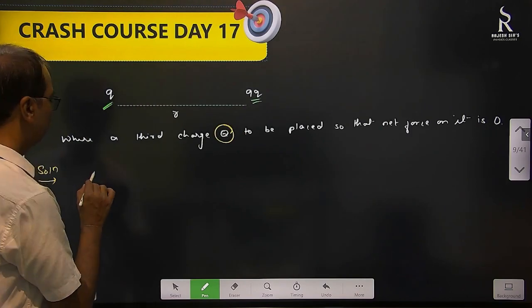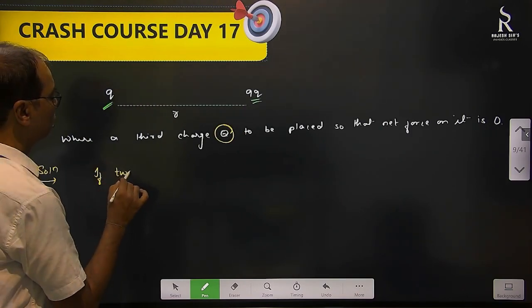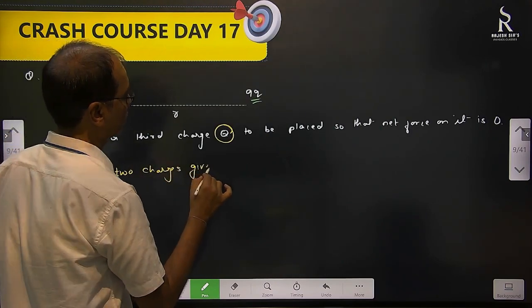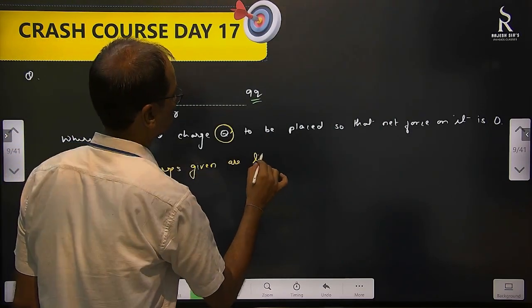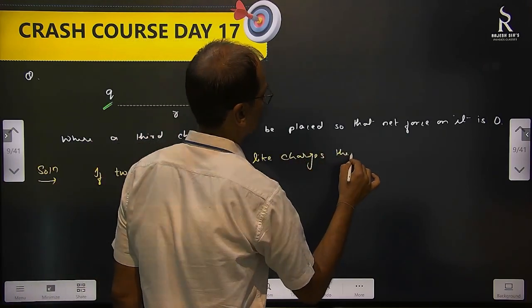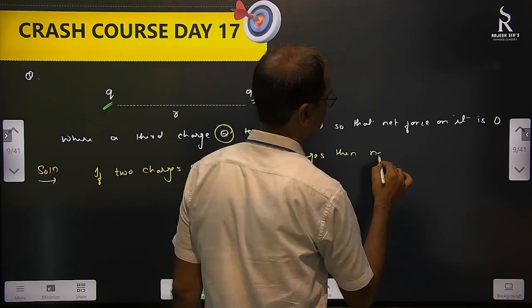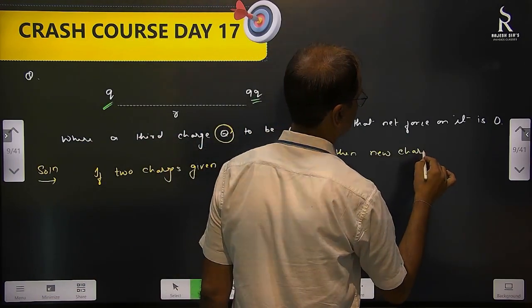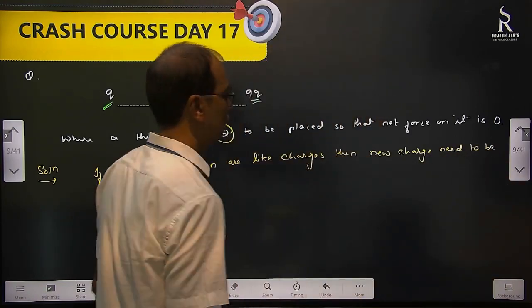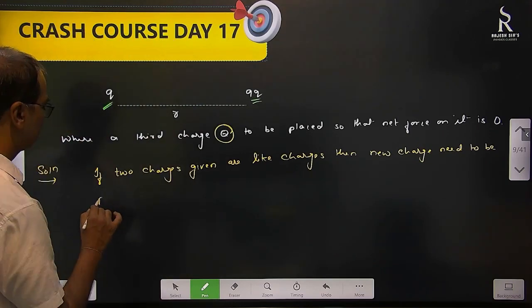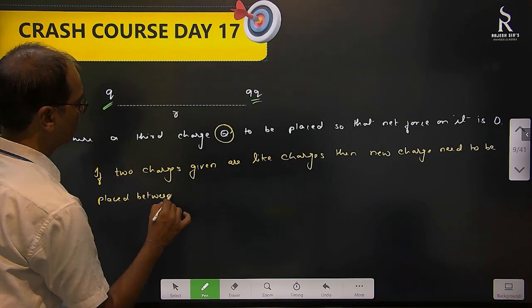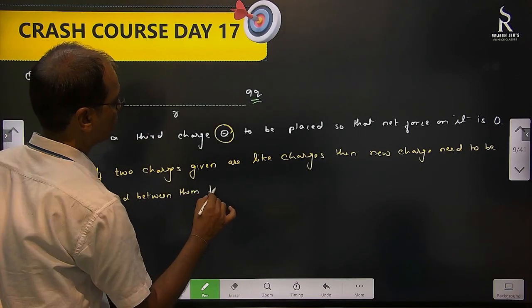So if the two charges given are like charges, then the new charge needs to be placed between them for zero force.